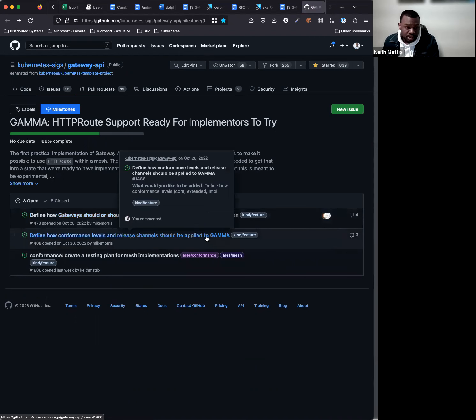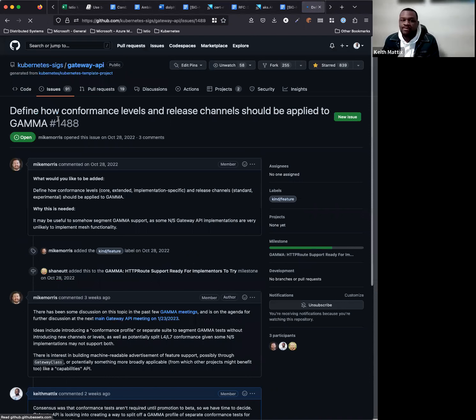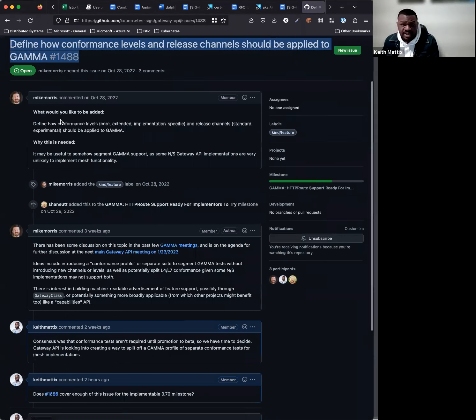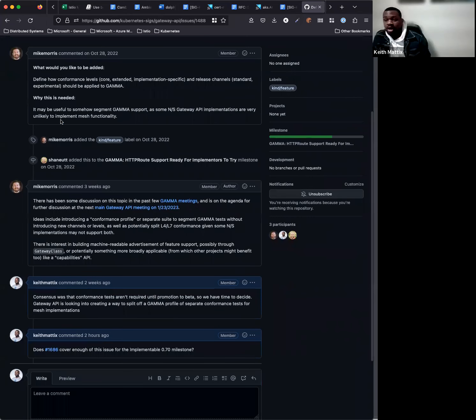This next item is conformance levels, defining how they should be applied to Gamma. And I actually had a question on this afternoon. The last consensus that we gained from the main Gateway API meeting is that conformance tests aren't required, in the old framework anyway, until a promotion to beta.